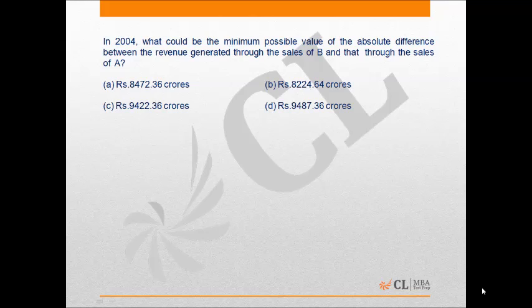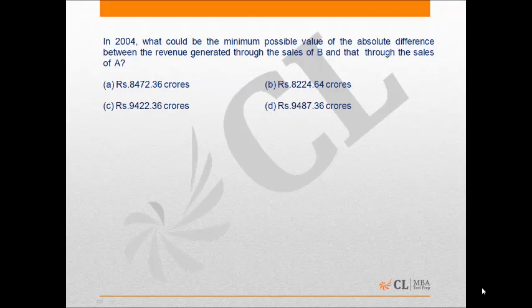Now we have to find out the difference between the revenue of B and A, with A's revenue being the maximum possible revenue. We also know that each product is contributing at least 12% of the total revenue in the year 2004. So we will consider the revenue for the remaining 3 products, that is C, D and E, as minimum, that is 12% each.